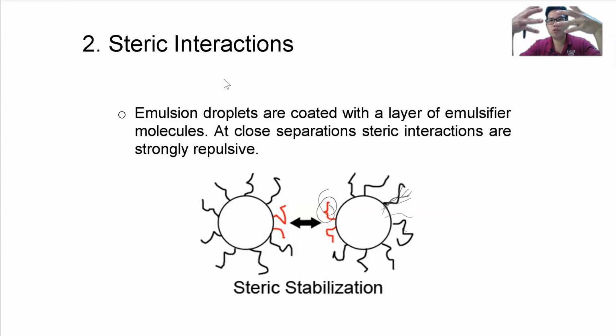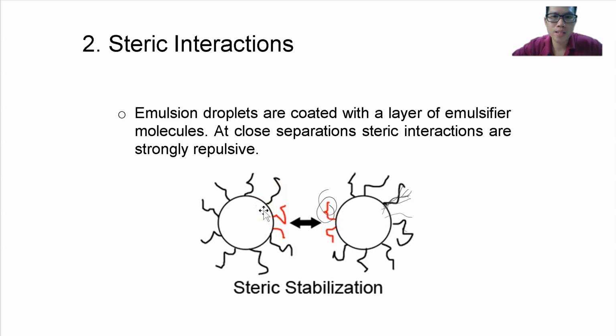So when two emulsion droplets want to come close, they actually stop each other with the hairy layer. With the hairy layer, they block each other from going too close. Okay, physical barrier. This usually applies to large emulsifier molecules.